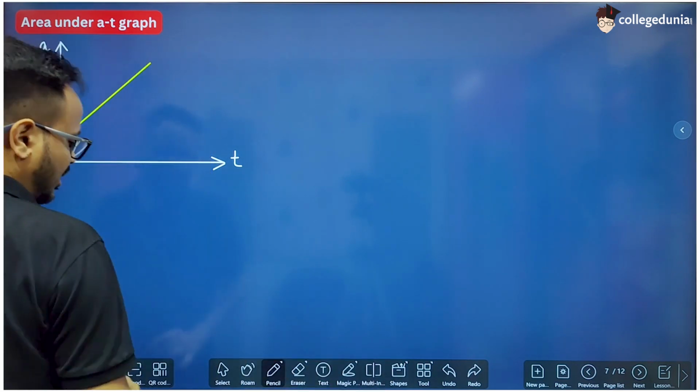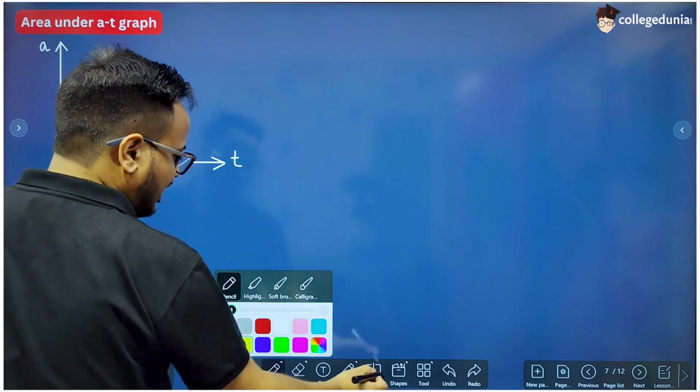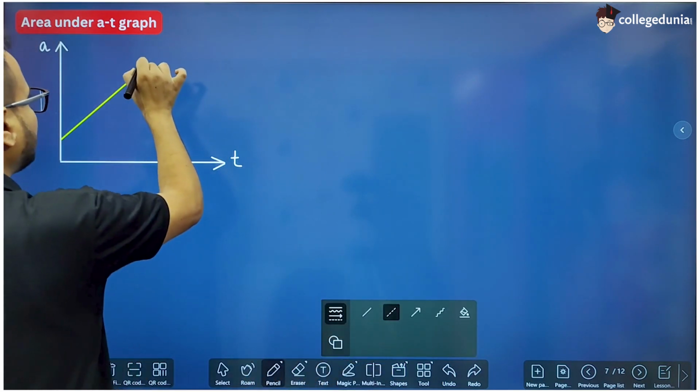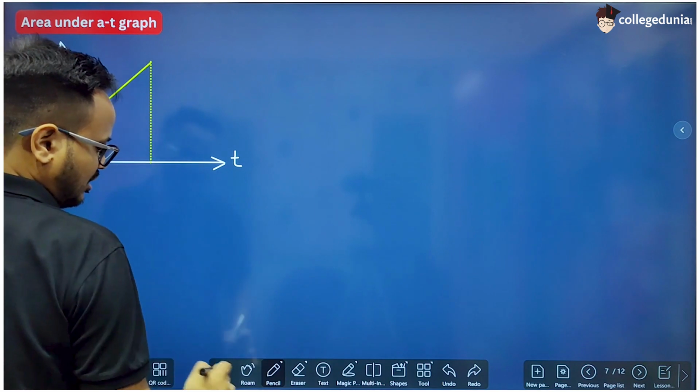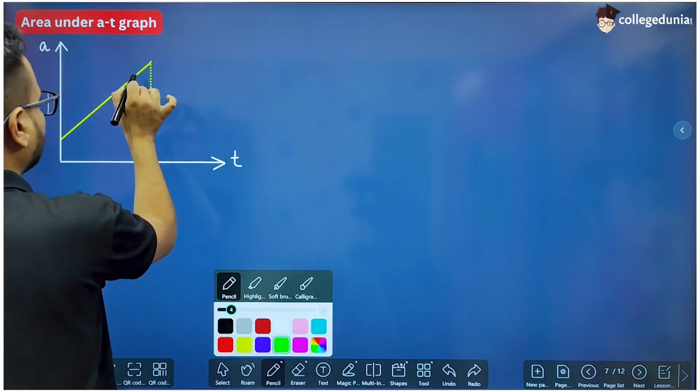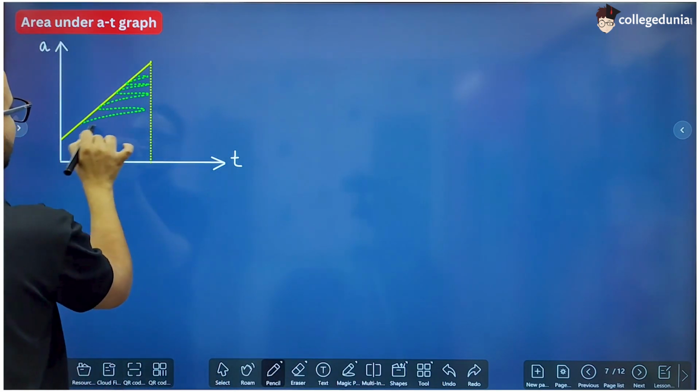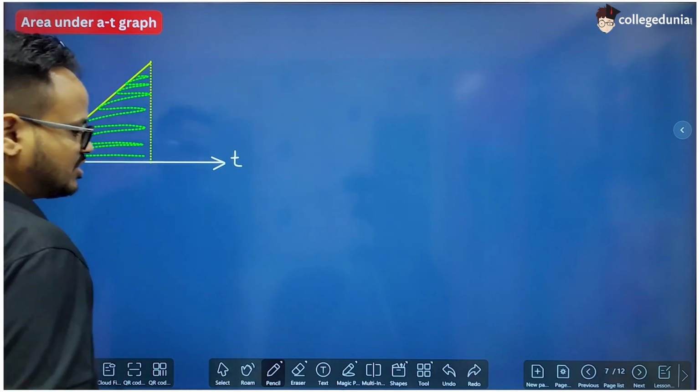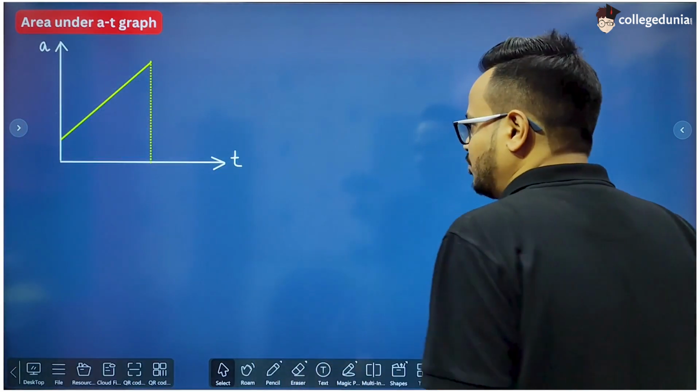Acceleration is increasing with time. If we find the area under this graph till time t, this whole area, what is the physical quantity that this area is representing?